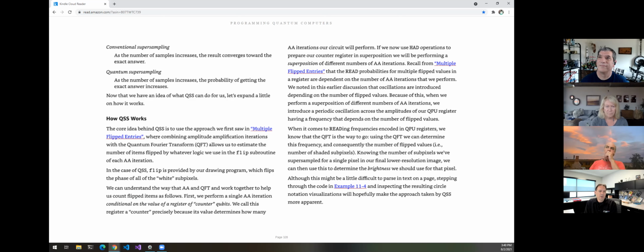So now he gets into how QSS actually works, the actual sampling. So we're combining the amplitude amplification iterations with the QFT, which allows us to estimate the number of items flipped by whatever logic we use in the flip subroutine of each AA iteration. So remember, in this case, the flip is actually the drawing program.